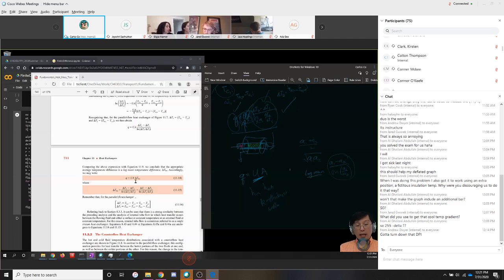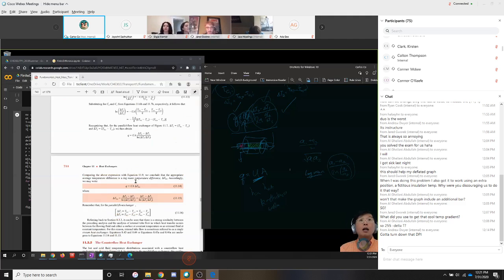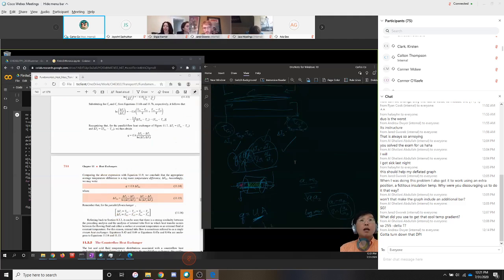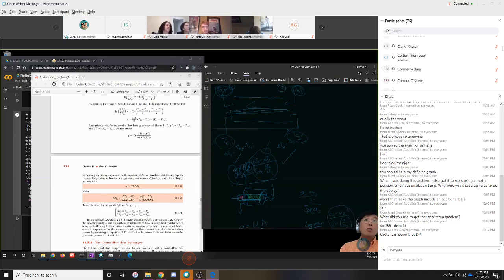But notice that in this case, we are taking the logarithmic mean of the temperature difference at position 1 and the temperature difference at the other position. So if you look here, we need to know the temperature difference on one side and the temperature difference on the other side.